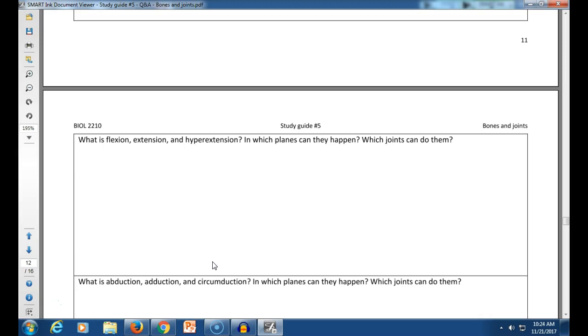Abduction, adduction, circumduction, rotation, supination, pronation, elevation, depression, protraction, retraction, opposition, dorsiflexion.